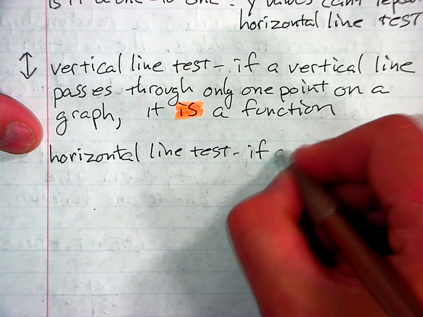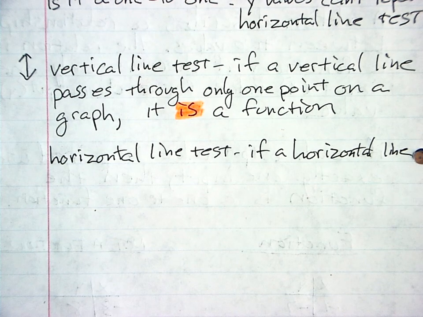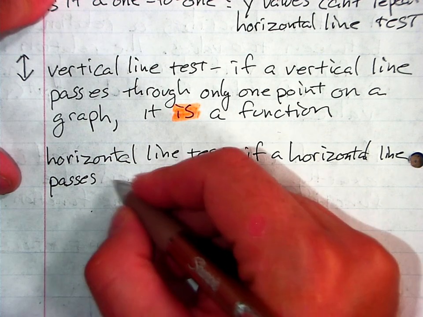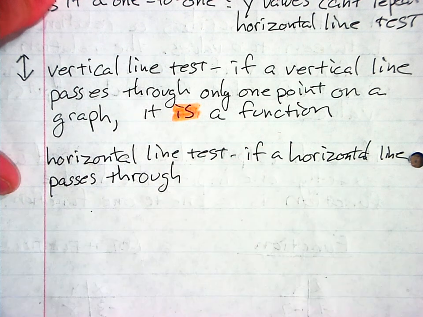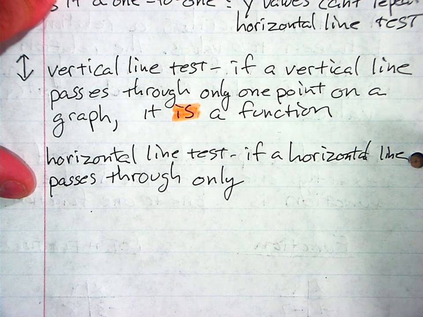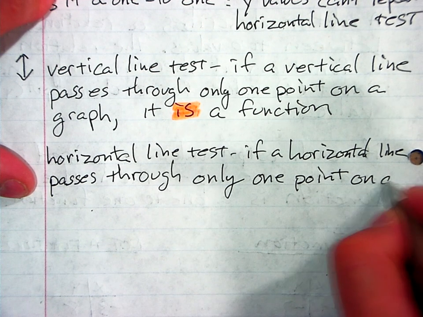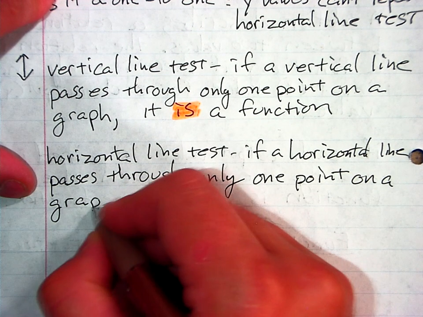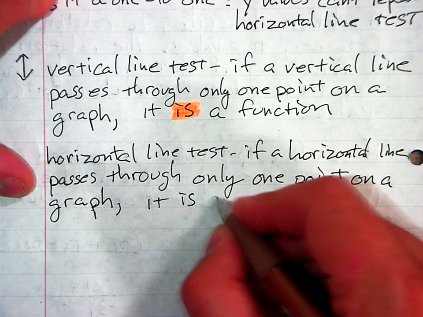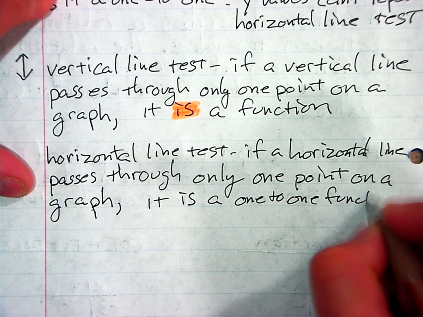If a horizontal line passes through only one point on a graph, comma, it is a one-to-one function.